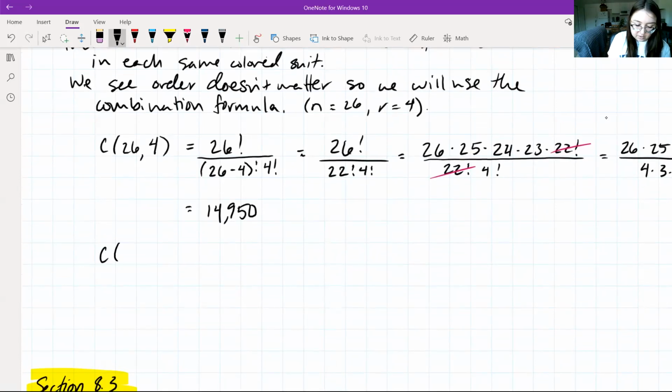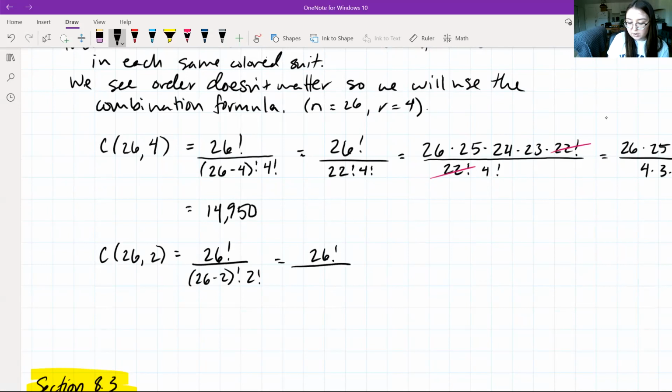Then we want to do the same thing for picking 2 red cards. So the same idea, we have 26 red cards in all. And we're picking 2 red cards, so we'll say 26 factorial divided by 26 minus 2 factorial times 2 factorial. This is going to give us 26 factorial divided by 24 factorial times 2 factorial.